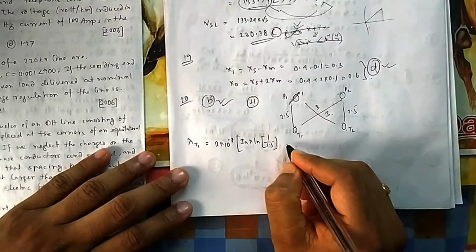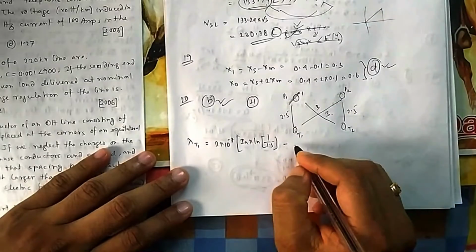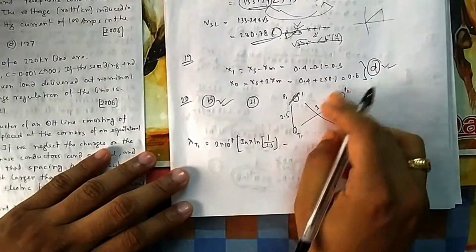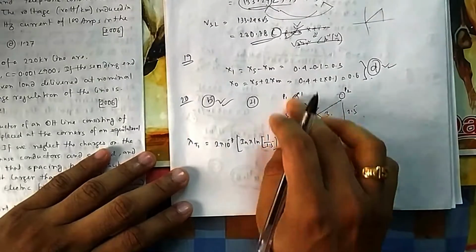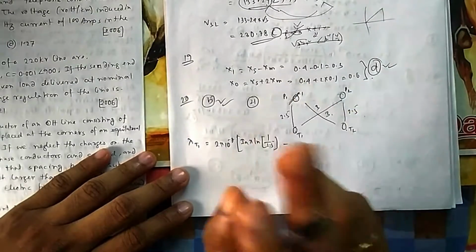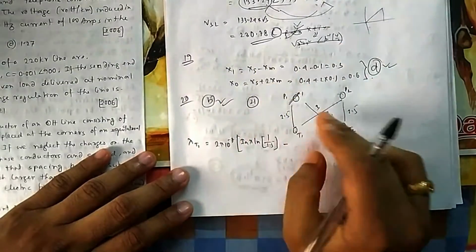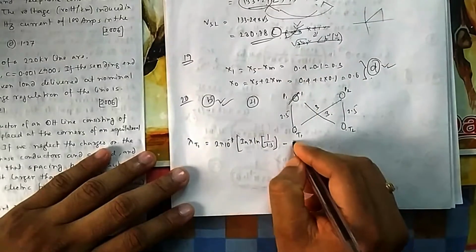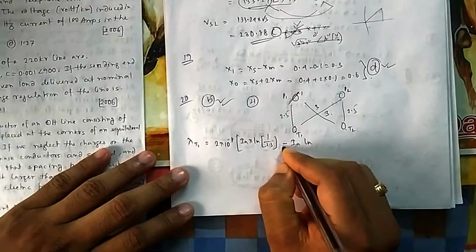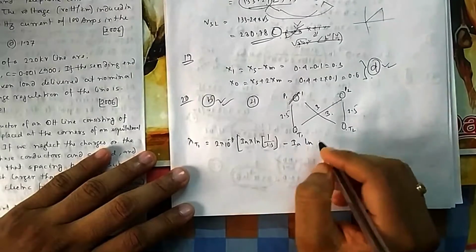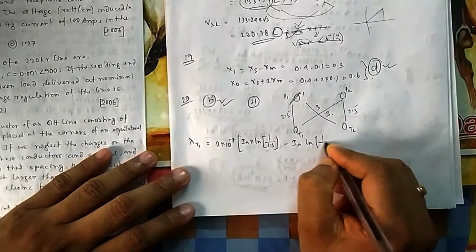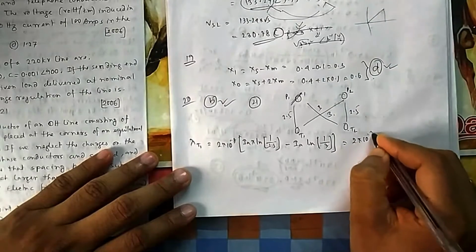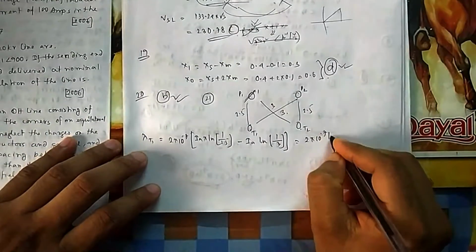Then again plus, but I am putting minus because it is minus IA. This flux linkage and that flux linkage will ultimately be deducted, because the flux created will be in the opposite direction as the current is in a different direction. So you can put plus minus IA, or minus IA into ln 1 by 3. Ultimately it should be 2 into 10 to the power minus 7 ln 3 by 2.5.